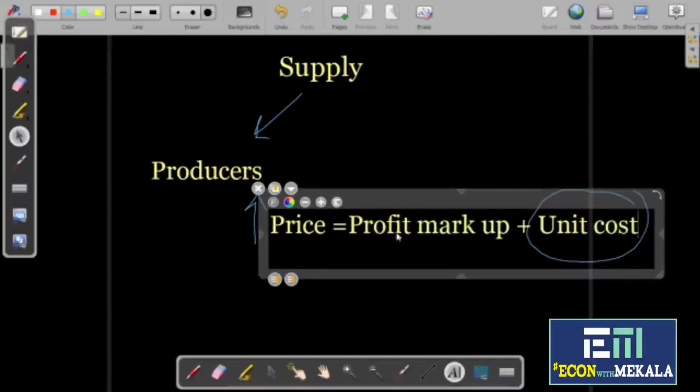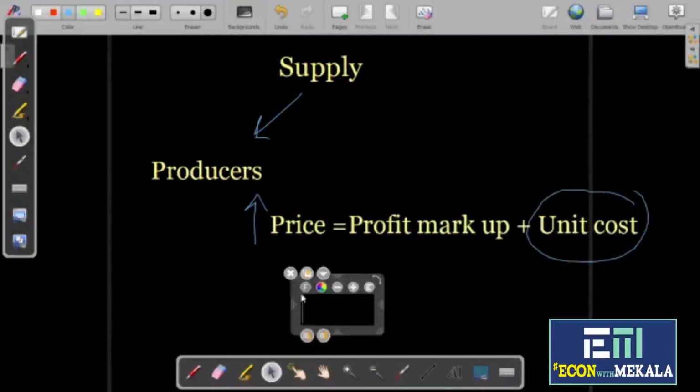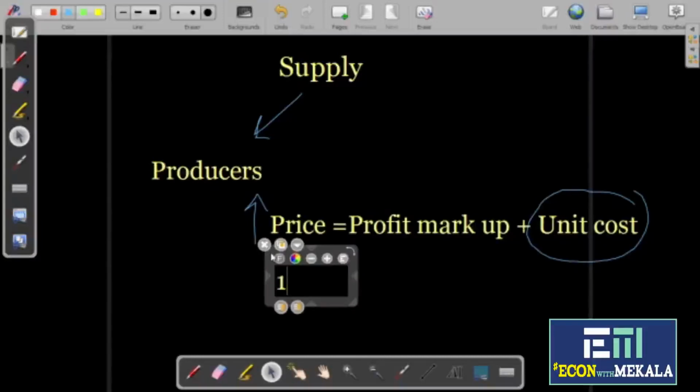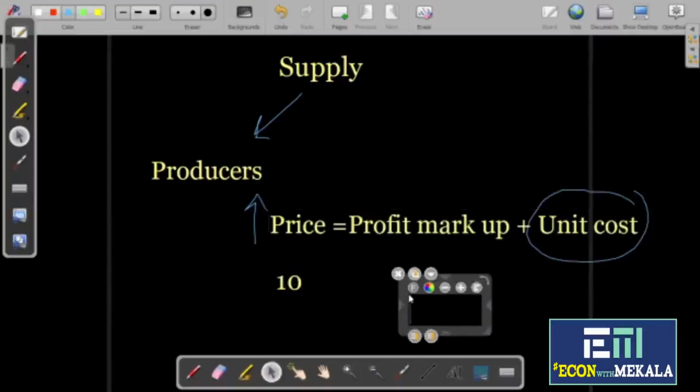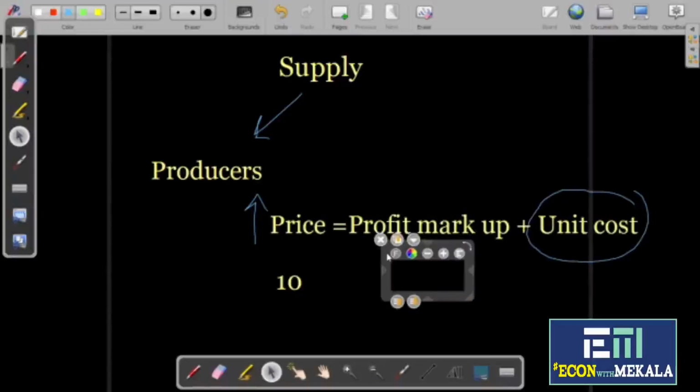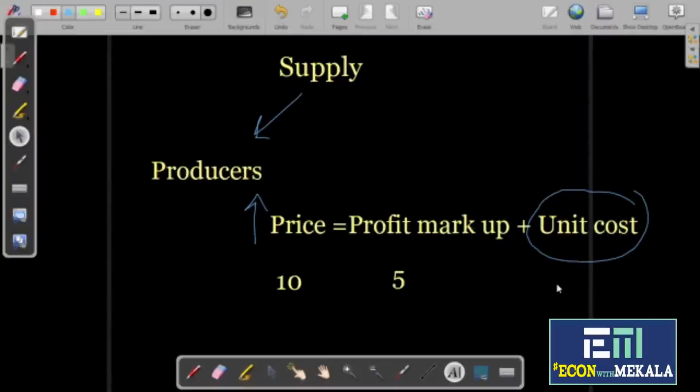So let's take a mathematical example. Let's say the price of this product is 10 and this company has added 5 profit markup to the unit cost of 5. Without changing the unit cost, if they want to increase the profit markup, they can easily do that by increasing the price.